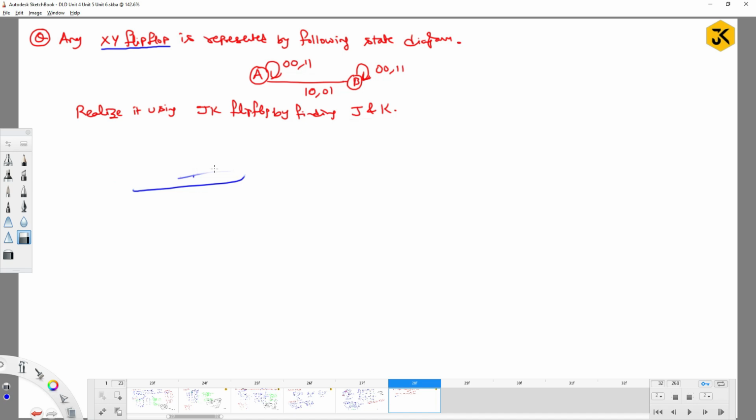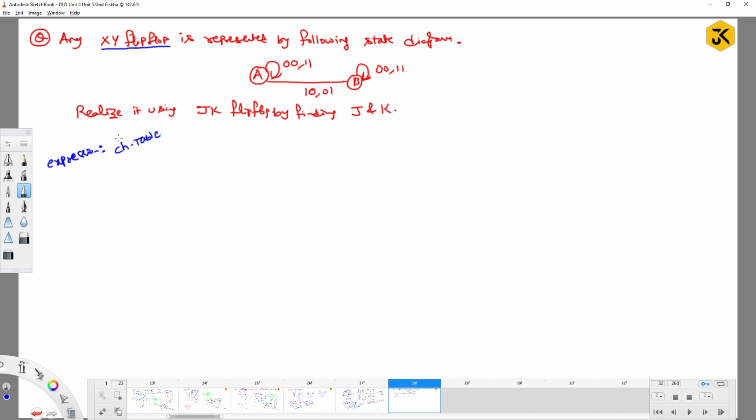Earlier we have seen the same kind of question, but there they had given an expression. Through that expression we tried to find the characteristic table, and then the remaining procedure.